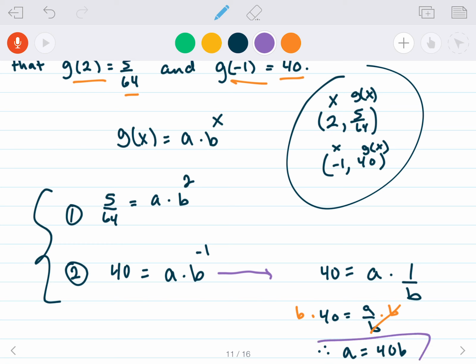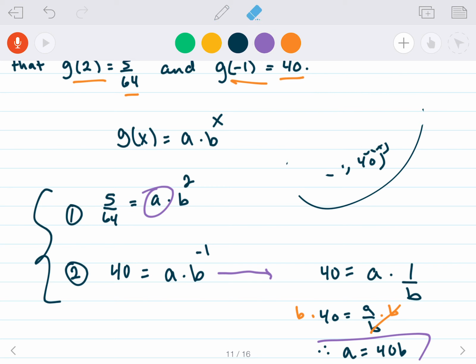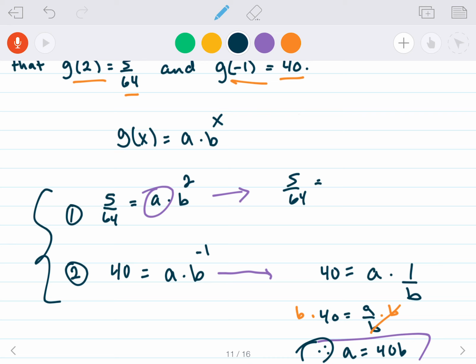Since a is 40 times b, I can plug that in up here and have it just in terms of b. So let's go ahead and do that. Up here we have 5 over 64. Instead of a, I'm replacing with what I just found. A is 40 times b. So I have 40 times b squared.